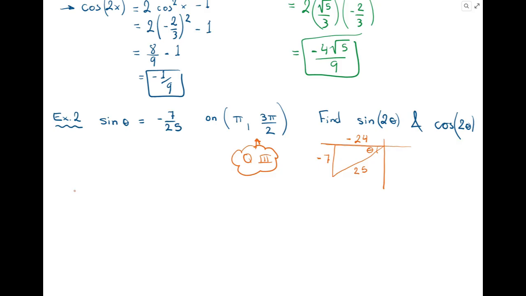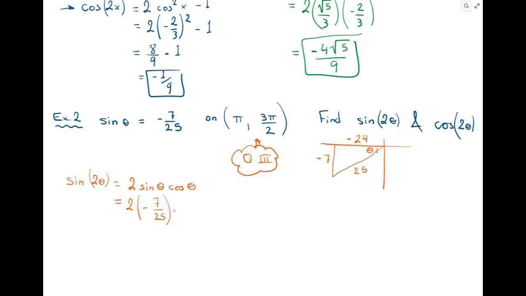All right, so let's see if we have everything we need to set it up. So we want the sine. Let's do the sine first. We want the sine of 2 theta. And we know that the sine of 2 theta is equal to 2 sine theta cosine theta. So the sine, we were given the sine, we already knew that, it's negative 7 over 25.